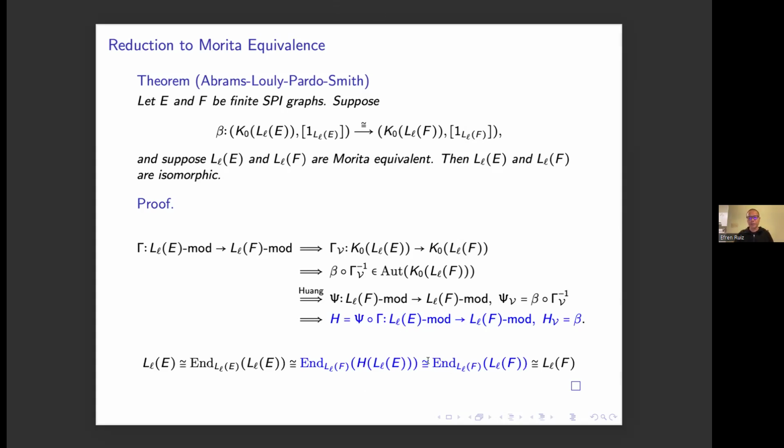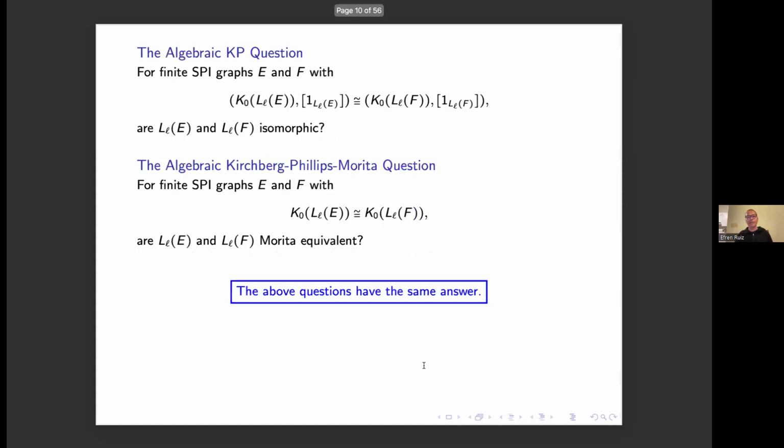This is where I use this blue argument here. These are your standard isomorphisms, and then the isomorphism between the Morita equivalent algebras sending the class of the unit to the class of the unit gives this isomorphism. So essentially, the algebraic Kirchberg-Phillips question is just enough to really ask when Leavitt path algebras are Morita equivalent.